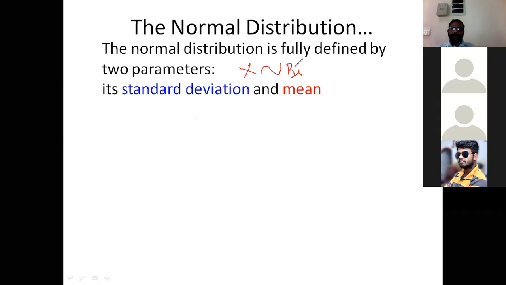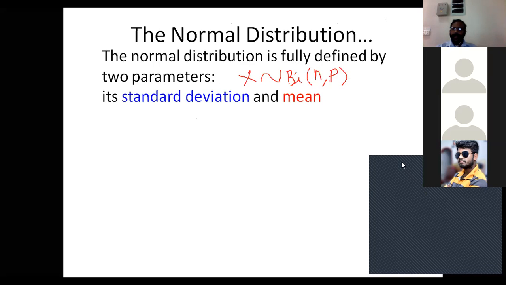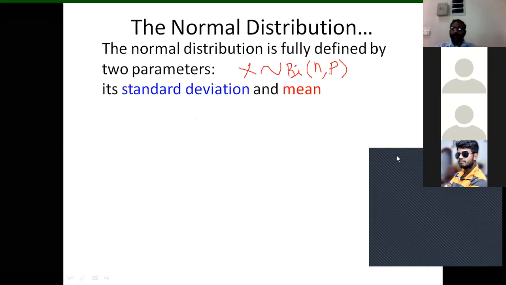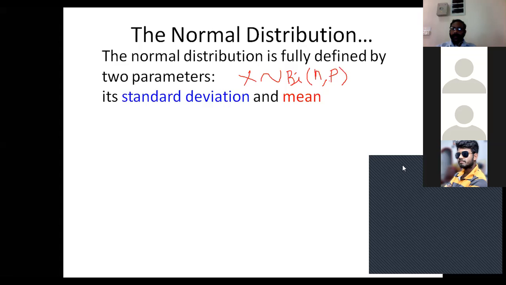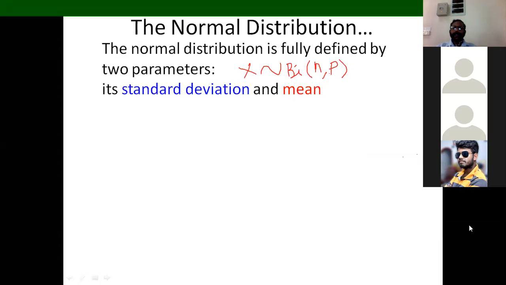You have all these notes. What are these? Can you remember? Anyone? Since you are not answering.